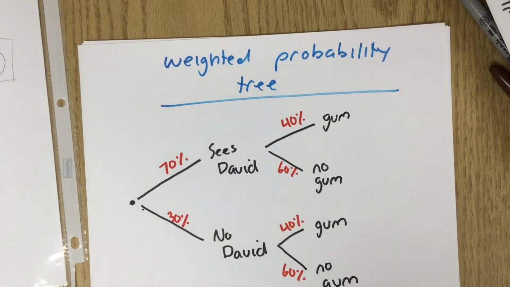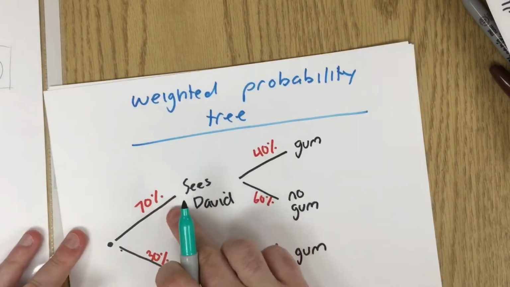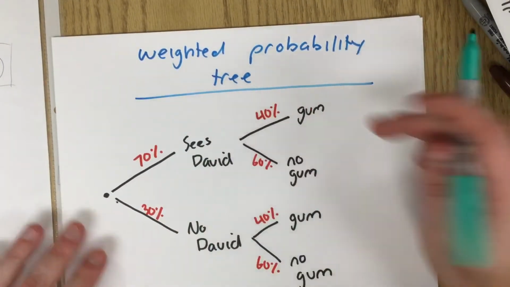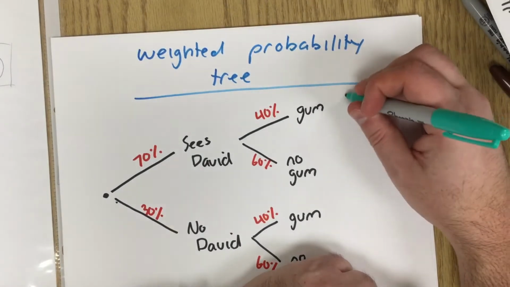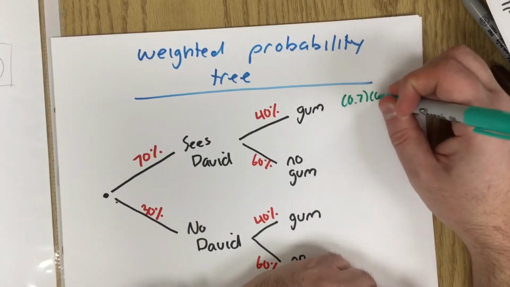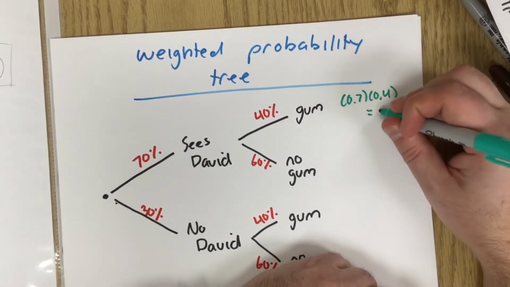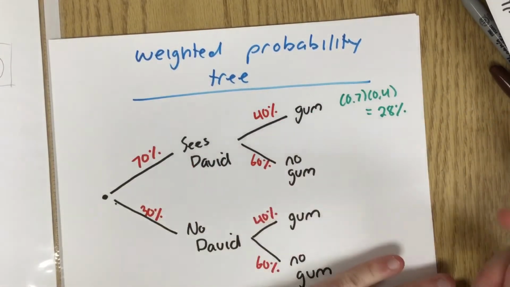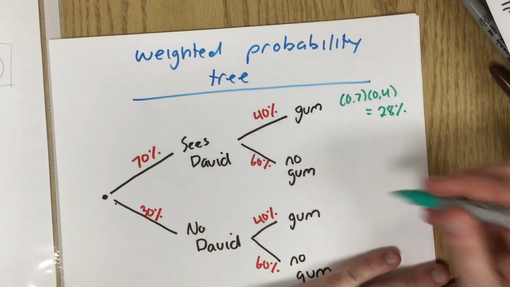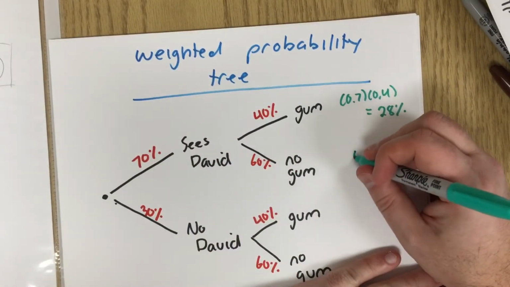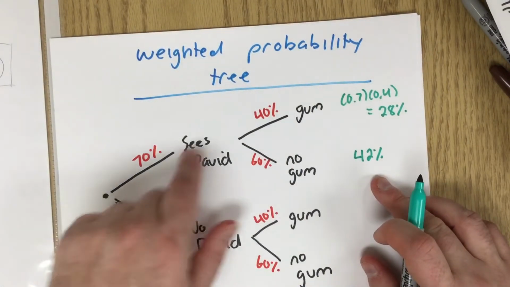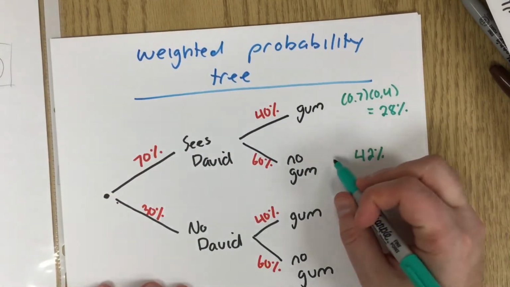And now the probability of seeing David and having gum in her pocket is going to be this times this, which is 0.7 times 0.4, which is 28%, the one we already did. And this one would be 0.7 times 0.6, which would be 42%, the probability of seeing David and not having gum.